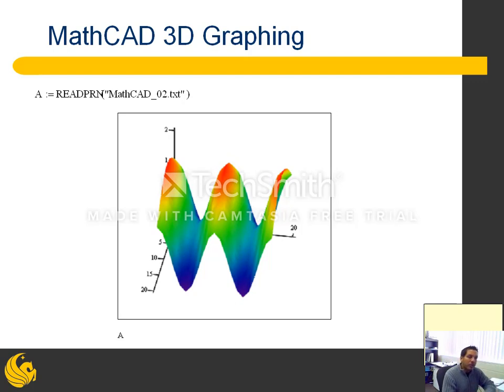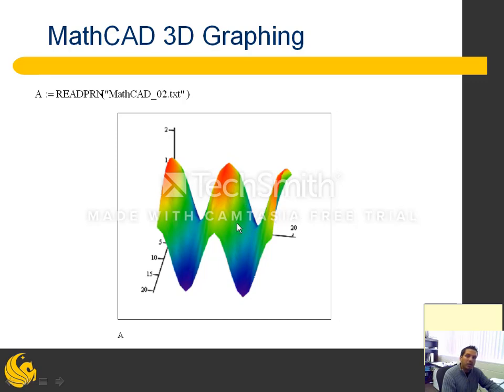It's a 441 element matrix, and it's got the elements of a matrix that came from, who knows, some experiment, some measurements in a lab, or some mathematical function that's defined this particular shape. Okay, and we are going to import that into a matrix using the readPRN statement in MathCAD. So we're going to import the text file into a matrix, and then we're going to plot the matrix A.